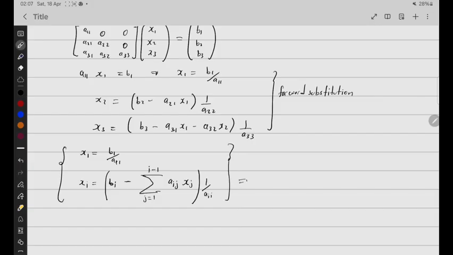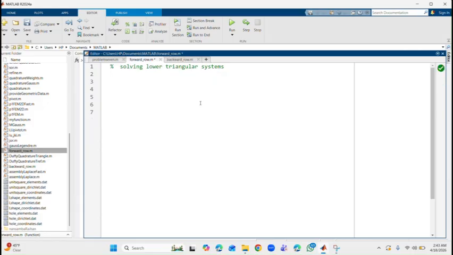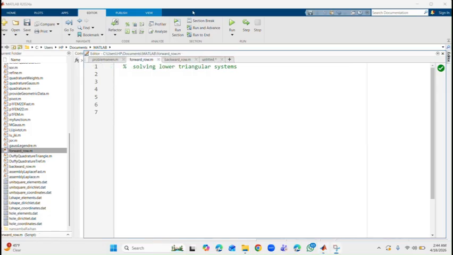However, we can write this in Matlab as follows. Okay, so we want to solve a linear system just like we have just seen.